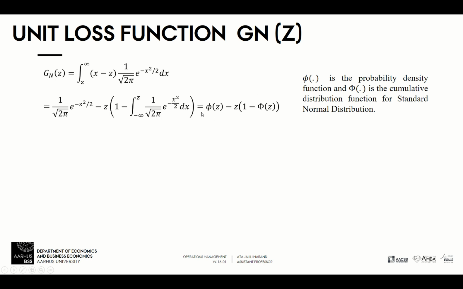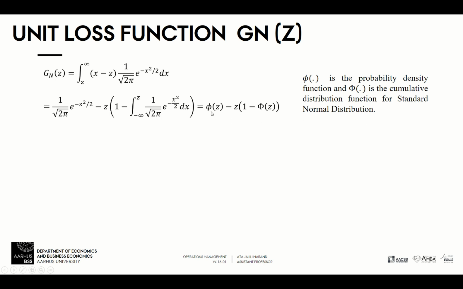And for the unit loss function Gn of z, we can calculate this function as you can see here. It is phi of z, the lowercase phi, minus z multiplied by 1 minus capital Phi of z. Here, the lowercase phi is the probability density function, and the capital Phi is the cumulative distribution function for a standard normal distribution.